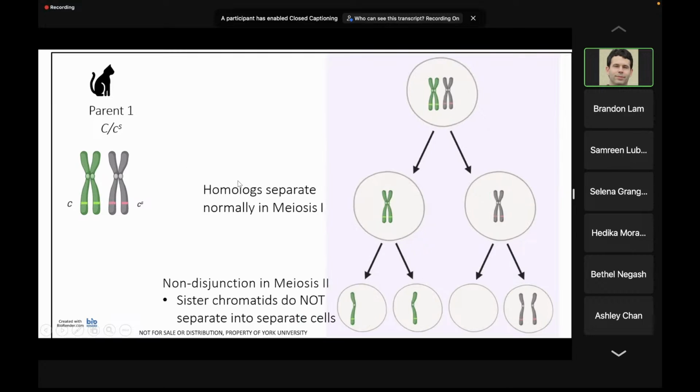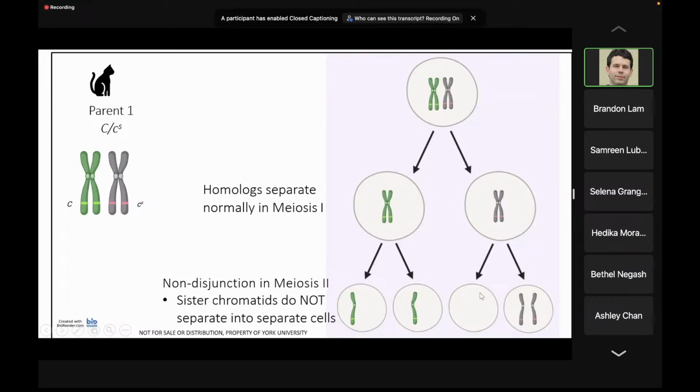So what happens if we have non-disjunction in meiosis 2? Well, meiosis 1 happens as it normally would. You got some exchange, and then your homologous chromosomes are split up into separate cells. That's a reductive division. Then you get another reductive division where the chromatids split into cells.